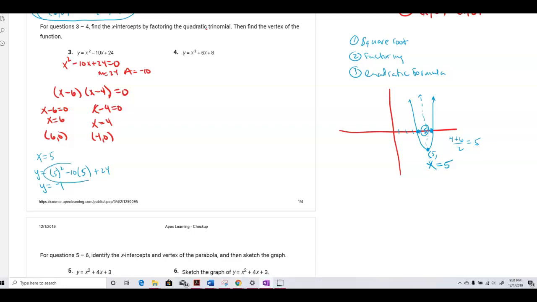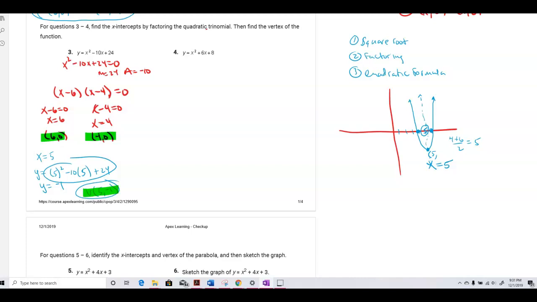All I did is plug this in the calculator exactly the way I see it. Y is equal to negative 1. So right away, my vertex is at (5, -1). So right now, here are your x-intercepts, and here's your vertex. Okay, let's take a look at the next one.